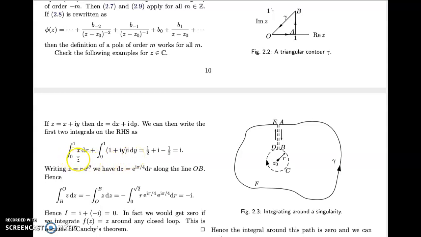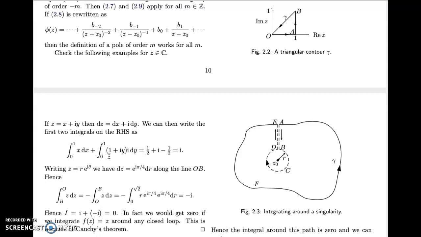Okay, so if we actually do these integrals, the first one is fairly trivial. If we integrate x, you get half x squared, and between the limits you just get half. Then you've got a constant here, so you're integrating a constant i dy.